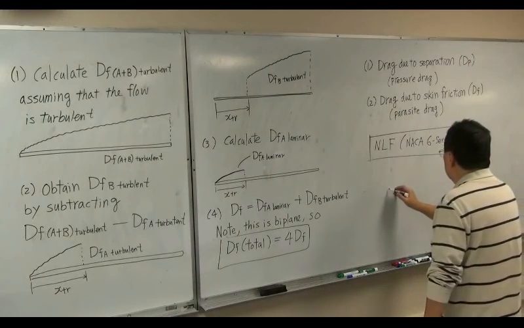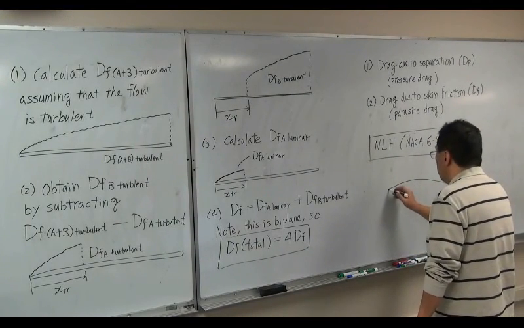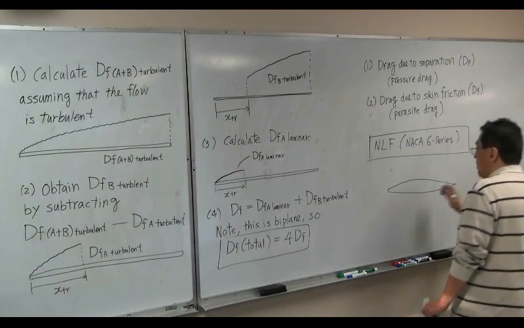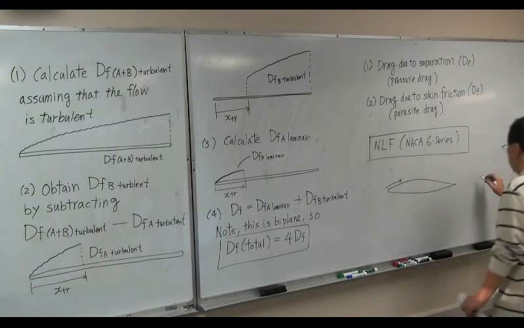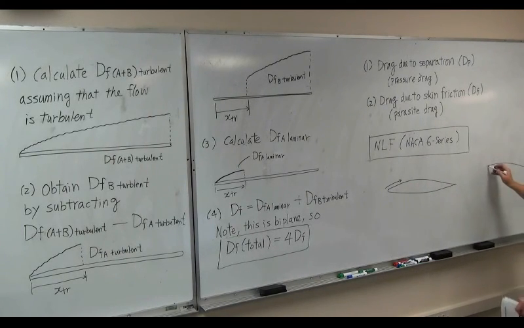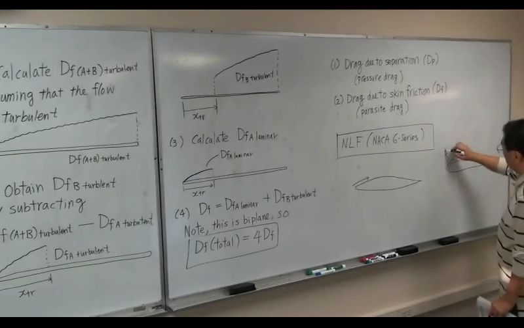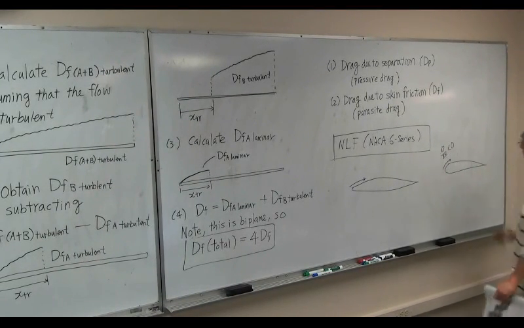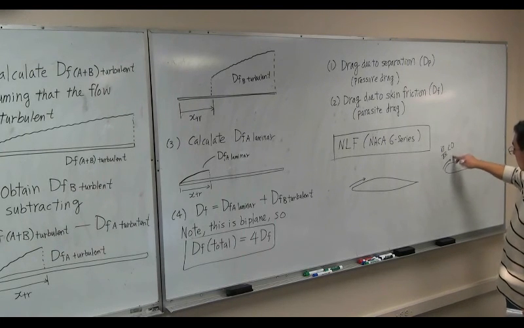In other words, the NACA 6 series airfoil is one of the designs that reduces this pressure gradient. Usually, a conventional airfoil looks something like this. Here dp/dx is, of course, favorable, but massively favorable, so you are really accelerating the flow.